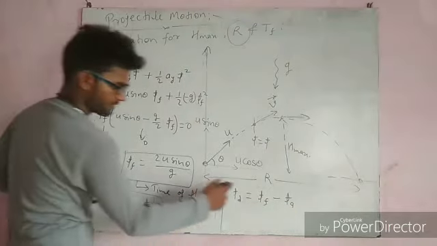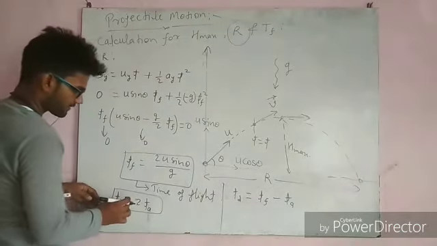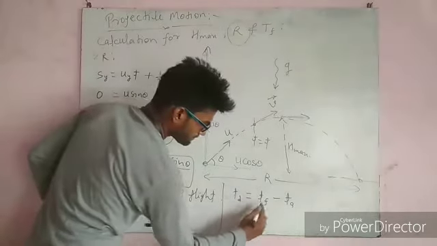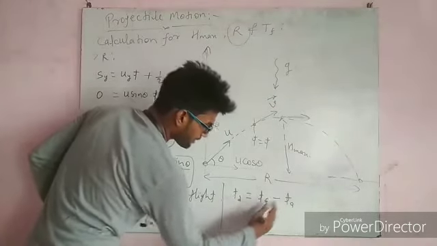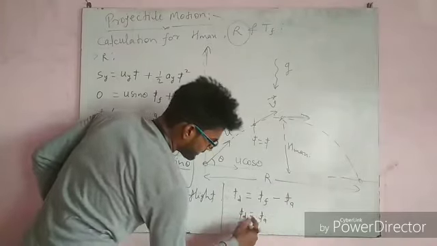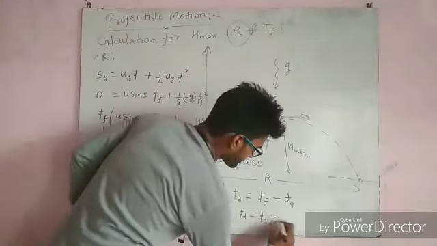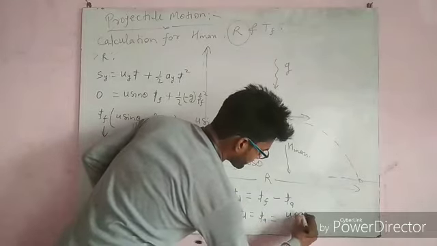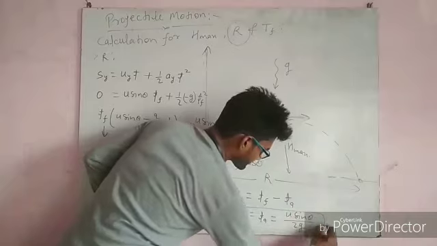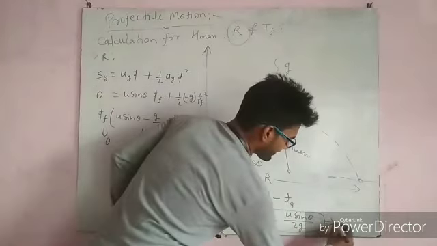As Tf equal to 2 times TA, putting 2TA we get TD equal to TA, that is equal to u sin theta divided by g. So this is the descending time.